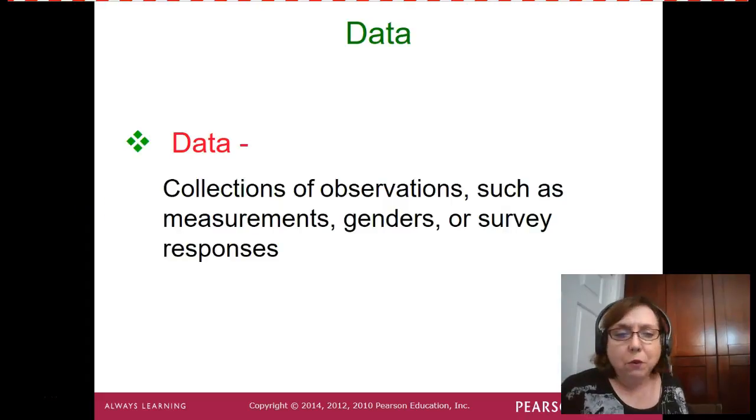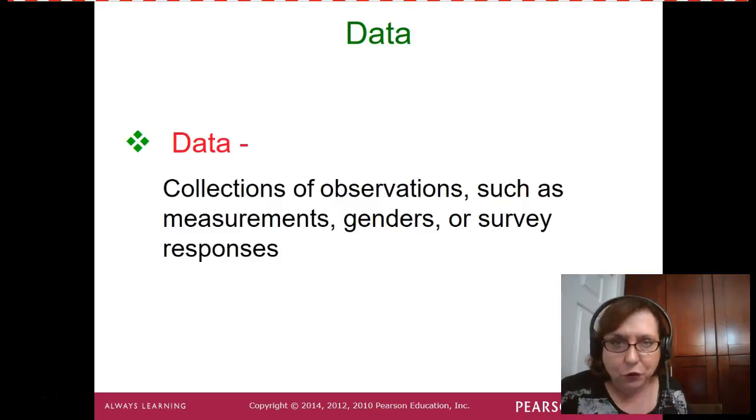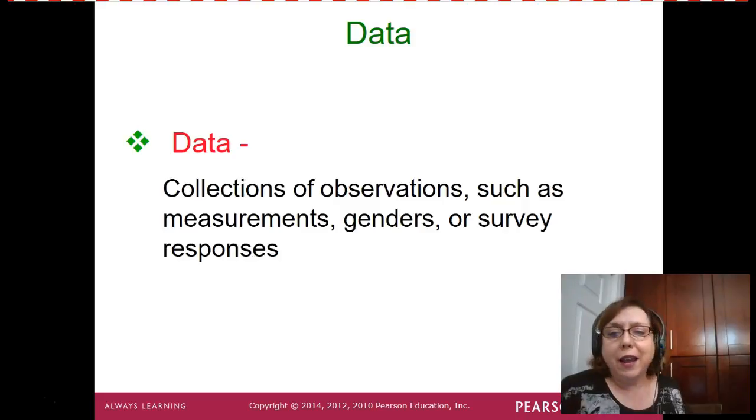So let's talk about what data is. It's collections of observations such as measurements, genders, or survey responses. Data can be anything. We'll talk in Chapter 2 about the types of data we'll be dealing with, both numeric and non-numeric, called categorical data.